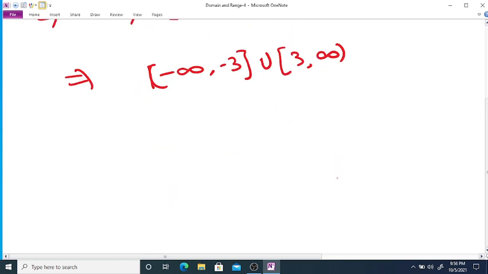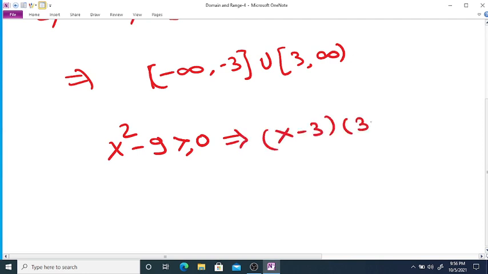In other words, you can also solve this as follows: x² − 9 greater than or equal to 0 implies (x − 3)(x + 3) is greater than or equal to 0.